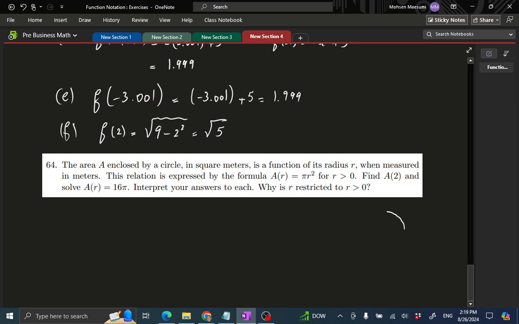So what are we having here? We have a circle. The circle has a radius and has some area. We decide how to measure these things. So for example, we are measuring a radius in meters and then area in square meters.